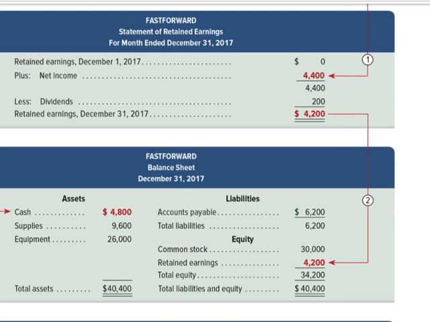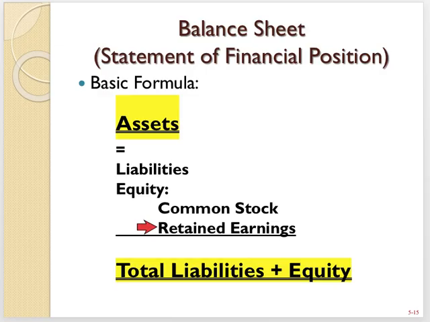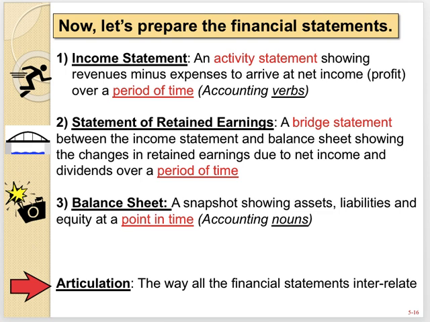So just as a quick recap, we have done 3 financial statements: the income statement, the statement of retained earnings, and the balance sheet. And each one of these items communicates important information that we need to know. The income statement tells us how much money we made for a period of time, whether that's a month or a year.